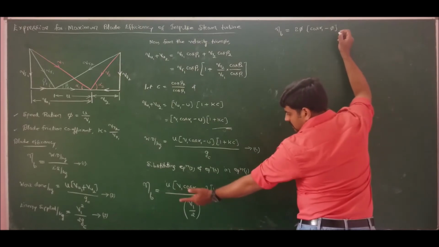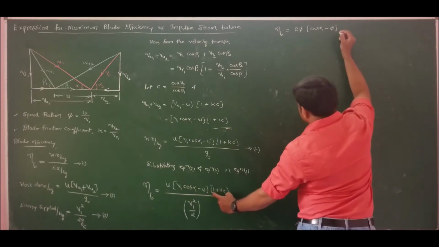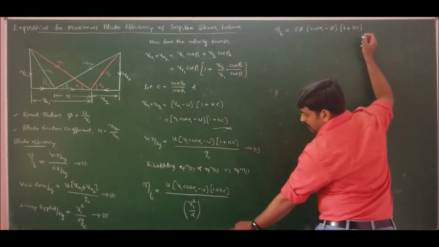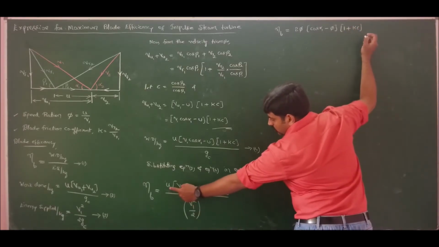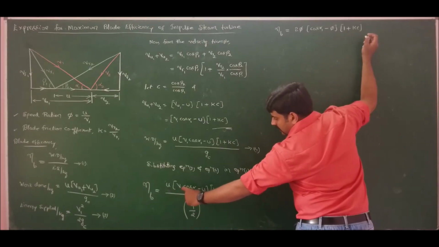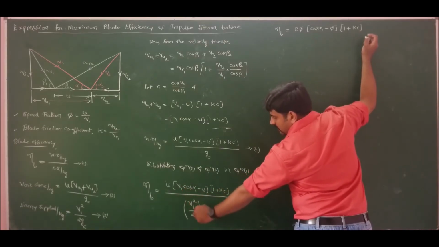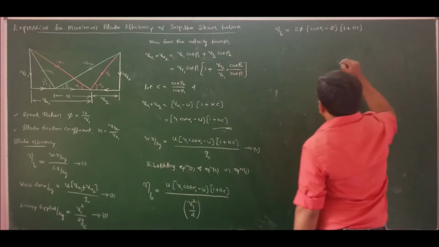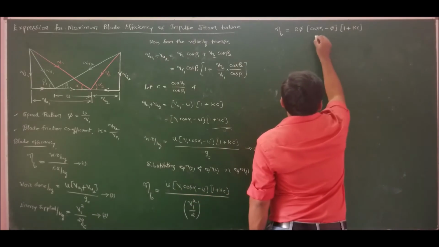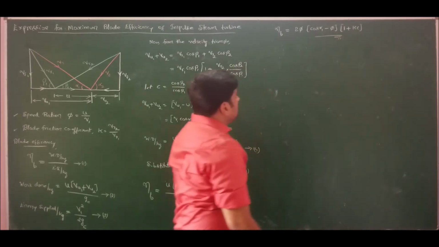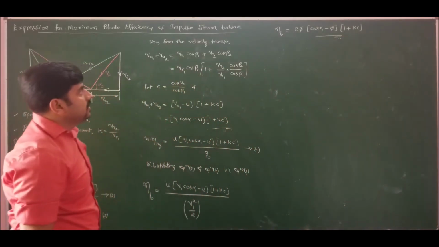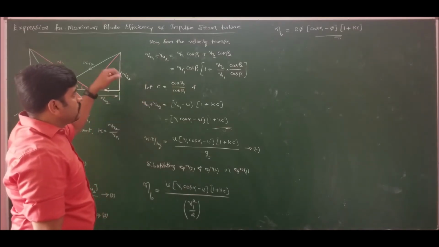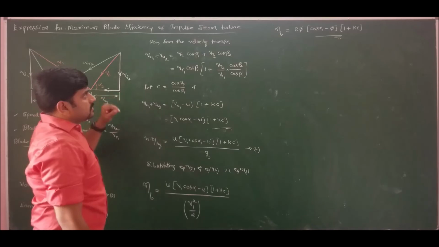So V1 square is cancelled, and this will remain as it is, 1 plus Kc. One V1 I divided for U, another V1 I divided for the first bracket. U by V1 is phi, V1 will get cancelled. So this is the expression for blade efficiency in terms of speed ratio, blade friction factor K and constant C, which is nothing but the ratio of cosine of blade angles.